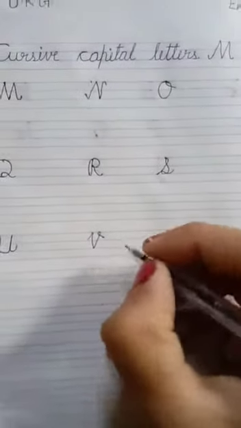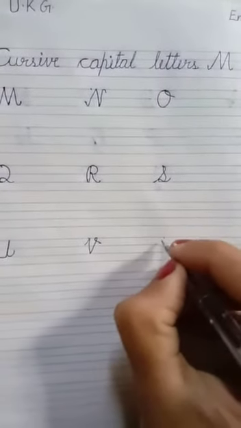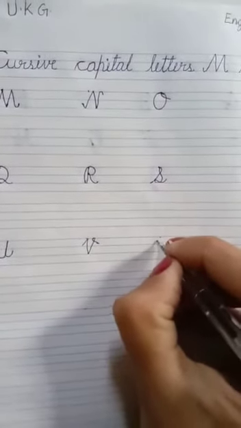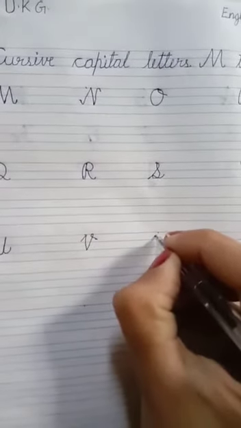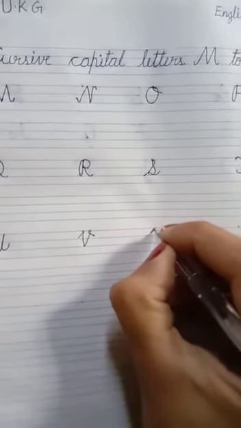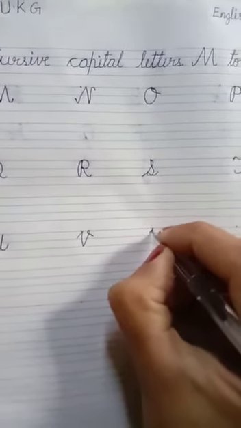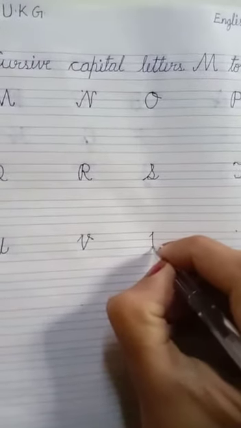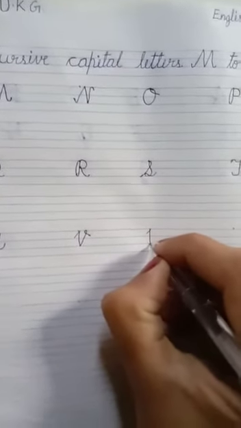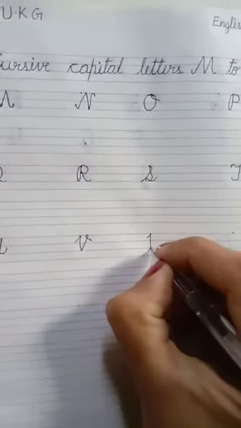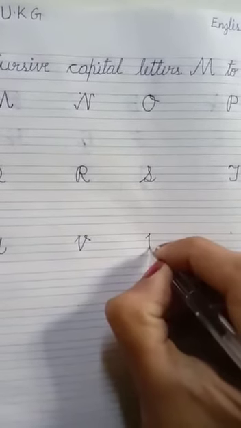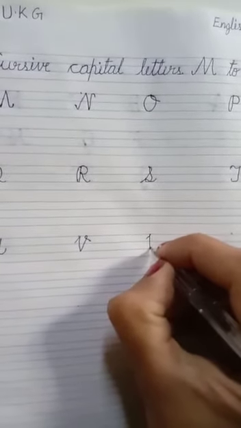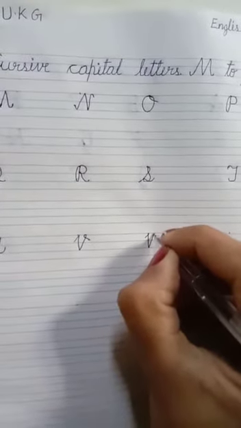W starting from here and ending on the third line, and we move back up on the top line.